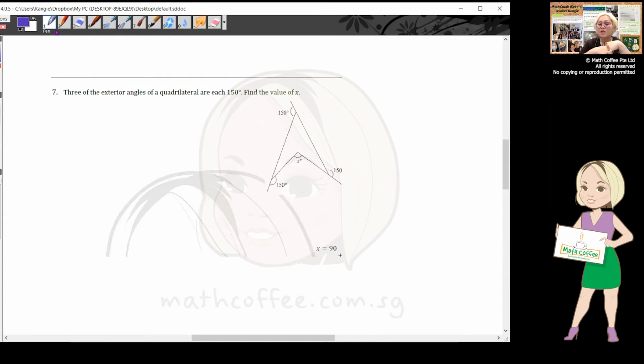They say find the value of x. So a lot of students say, hey, technically all of them are exterior angles, right? So the student asked me, can I just add all of them together, like 150 plus 150 plus 150, then plus x, and say it equals 360 degrees? Then a lot of students say, but 150 times 3 is already 450. It already exceeds 360 degrees. Then how does it work?